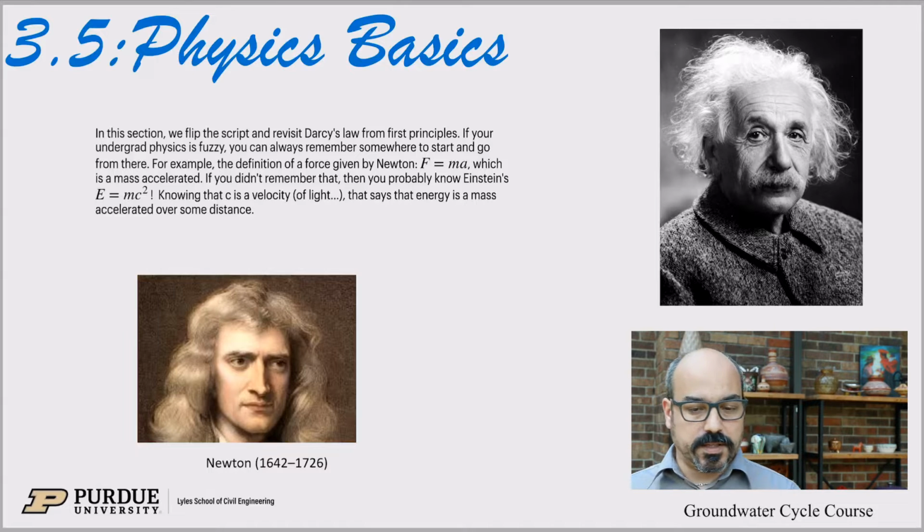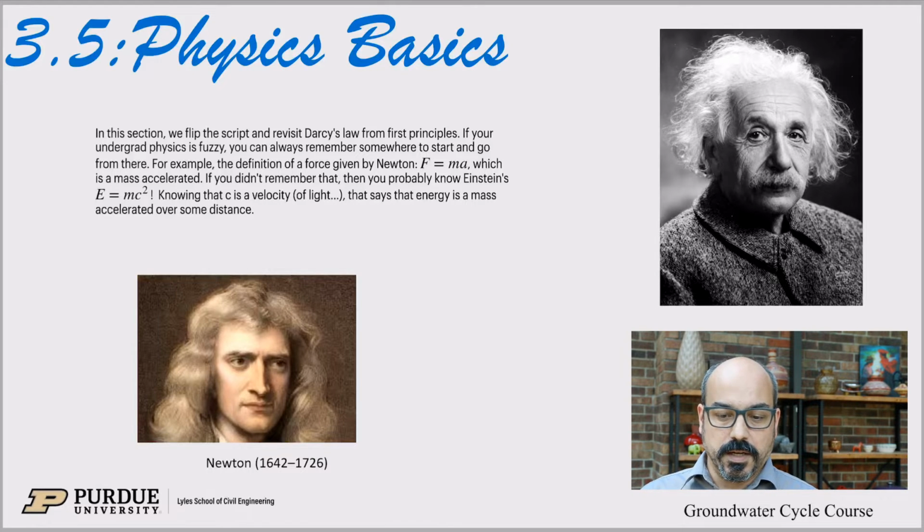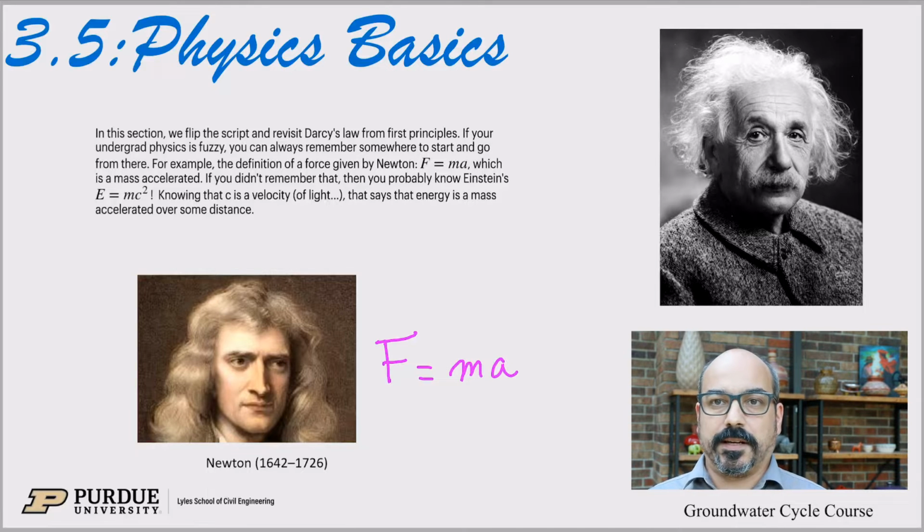So there's a couple things, and I put the pictures of Einstein up there and then Newton down there. So you can try and remember either one of those two things. Depending on how fresh your physics courses are, ideally what we start with is Newton, right? Always in physics. So we start with a force, which is an accelerated mass, and that's Newton's second law.